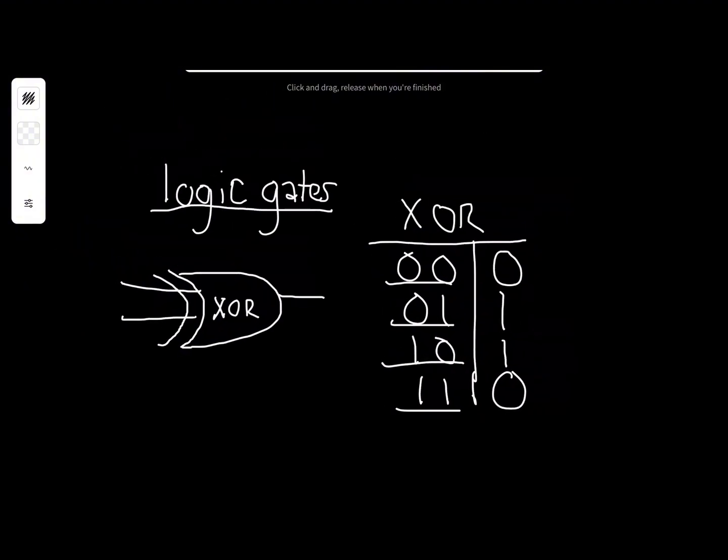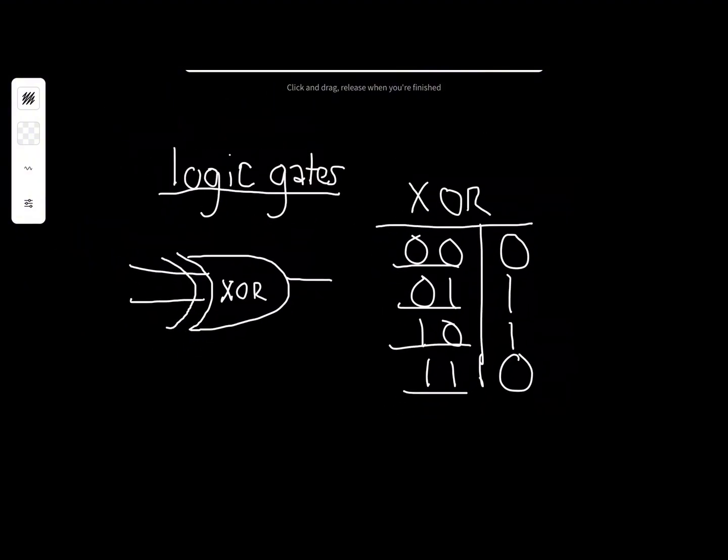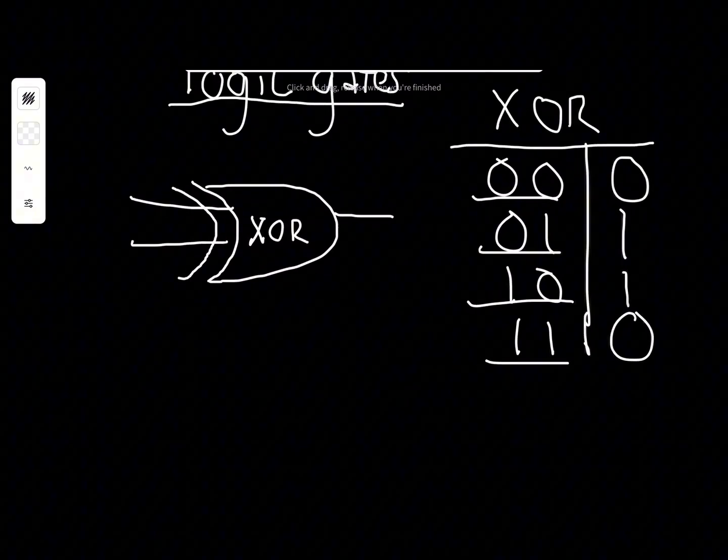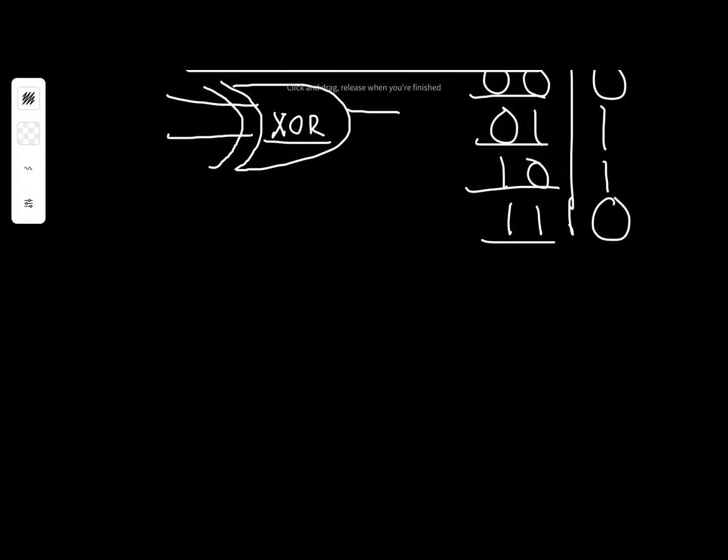Now, for every gate, there's an opposite gate. It's like yin and yang. So we're going to have our XOR gate. And we're going to draw it over here, but with a little circle.